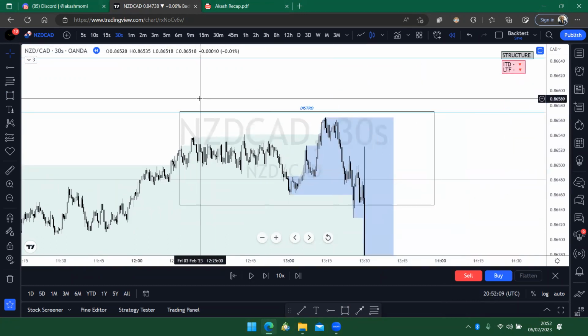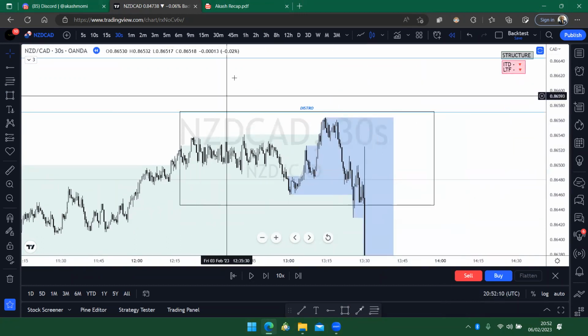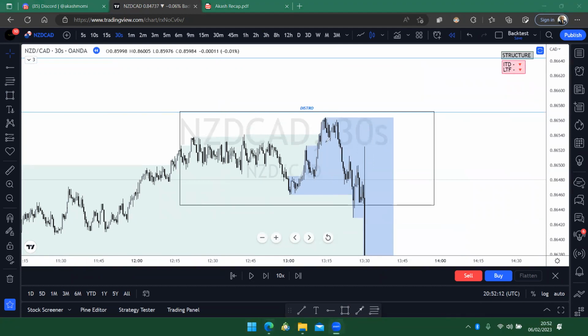There's the distro there. There's our trading range. Got 1 drive, 2 drive, 3 drive. There's our UTAD during New York. There's the break that we need right here.